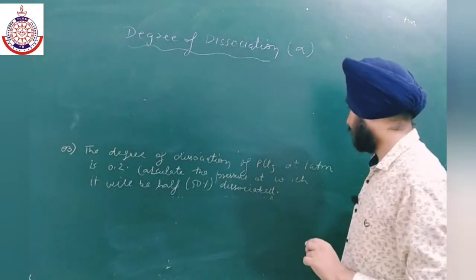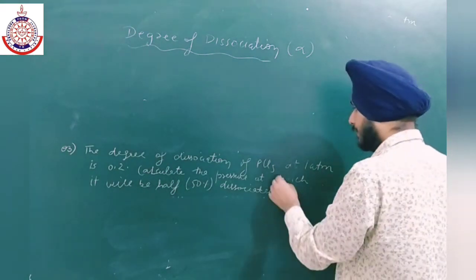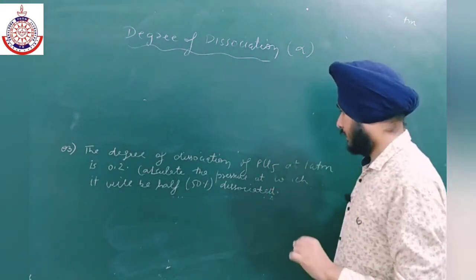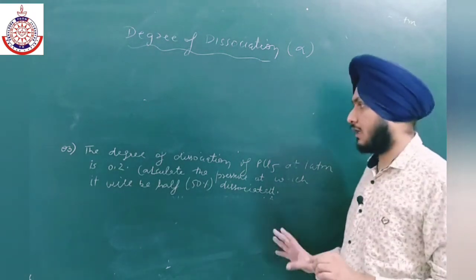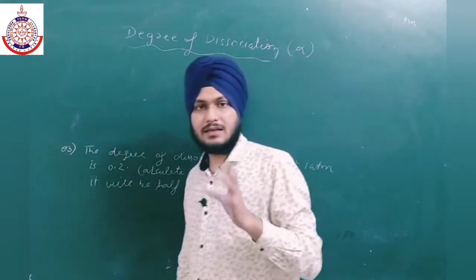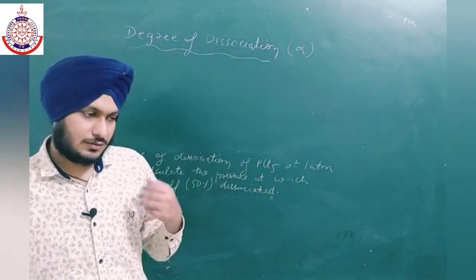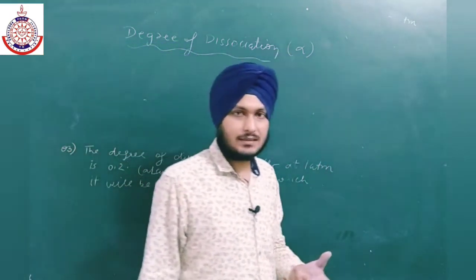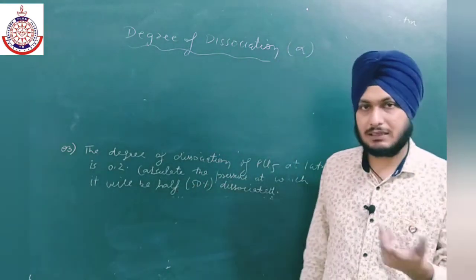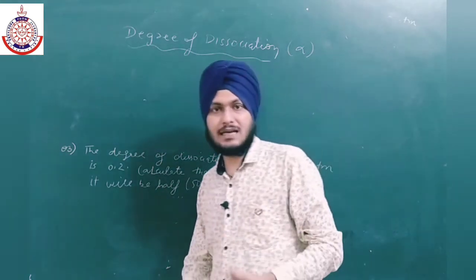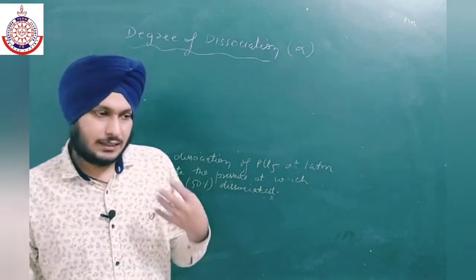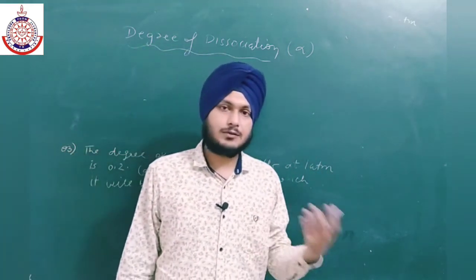And the PCl5 dissociates into PCl3 and Cl2. Sometimes the reaction is not given to us. So we must memorize some major reactions, like the dissociation of PCl5, the Haber process N2 plus 3H2 to give 2NH3, and the dissociation of N2O4 into 2NO2.